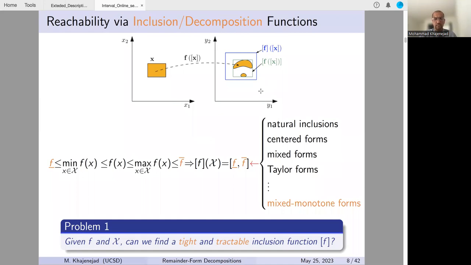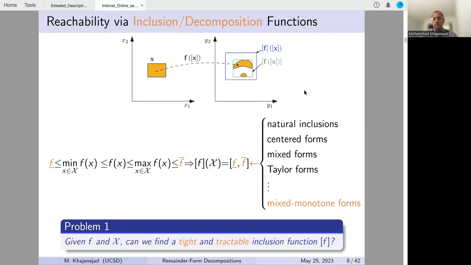As you might be familiar, using interval arithmetic, there have been very computationally effective ways of computing these inclusion functions and including sets with slight differences. They are very efficiently computable, but they can also be very conservative.